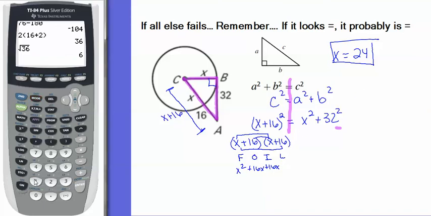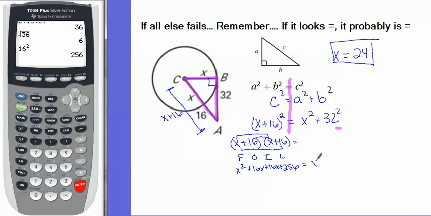Well, if I'm not sure, let's go ahead and put it in my calculator, and I get 256. Now on this side, I'm going to have x squared plus 32 squared. When I square 32, I get 1024. So now let me go ahead and combine my like terms.